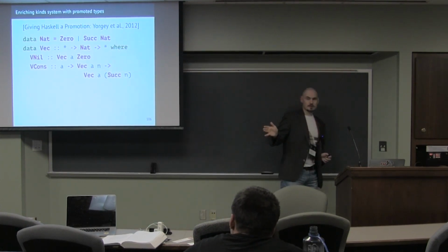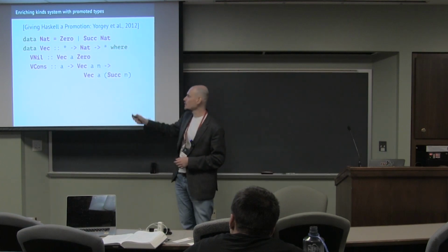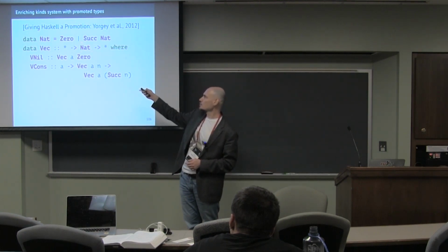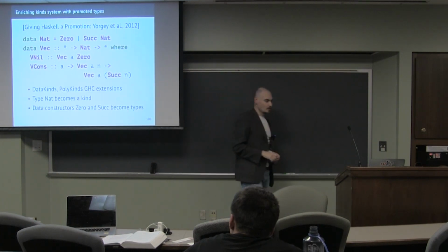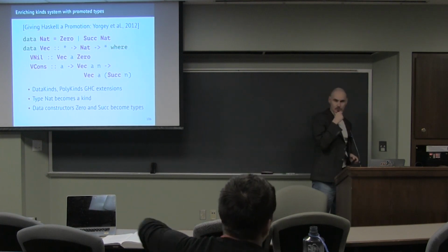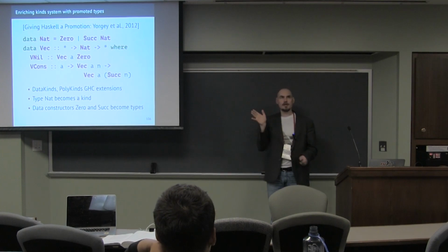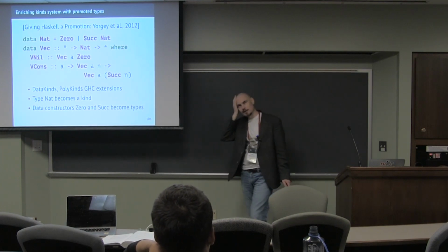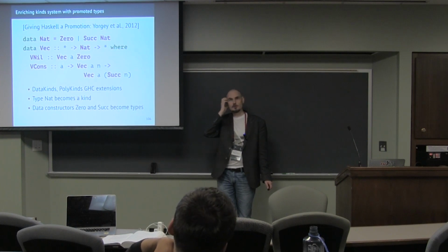And now everything is controlled. So you cannot put bool in there. You cannot put int here. Just only 0 or successor of any other number. There are two extensions which implement this, DataKinds and PolyKinds. The implementation started in GHC 7.2, I think.